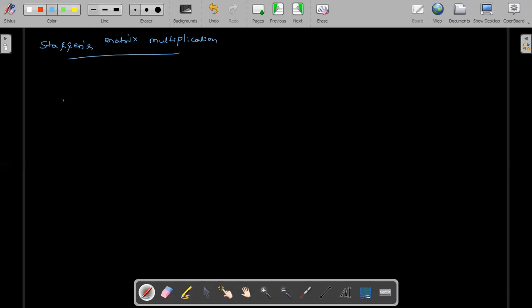Take two matrices. One matrix is A, I will take it like this, and another matrix B. Now see here, think like that. We have A11, A12, A13, A14.